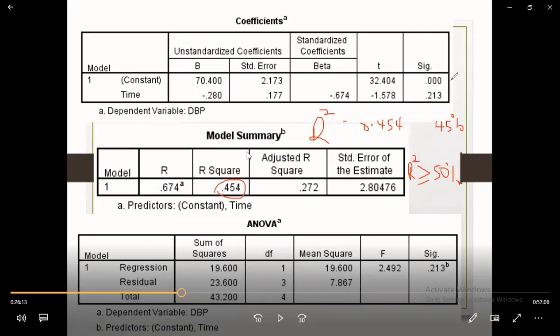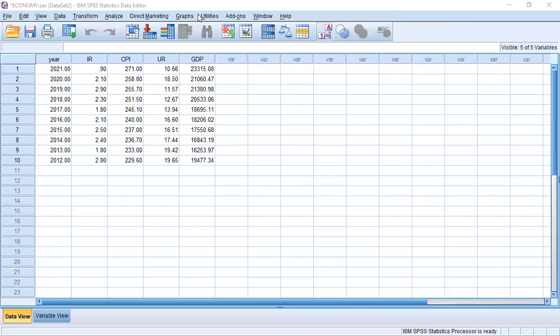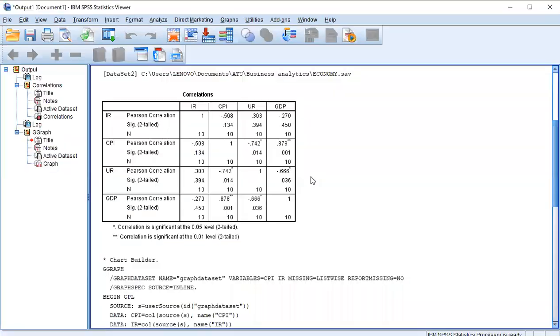Now let's go back to SPSS and conduct a test based on our economic data. Of course, before we do that, let's examine our correlation table to decide what we want to be our dependent variable in the modeling.